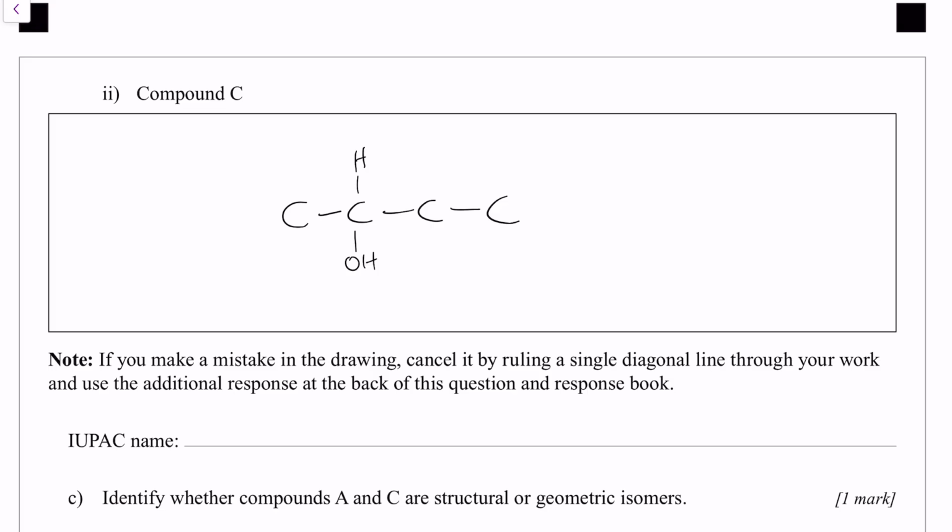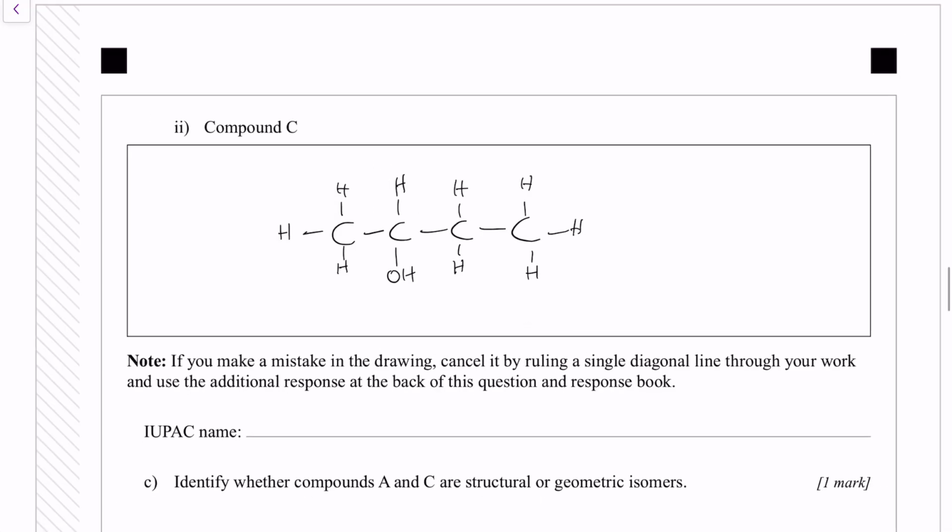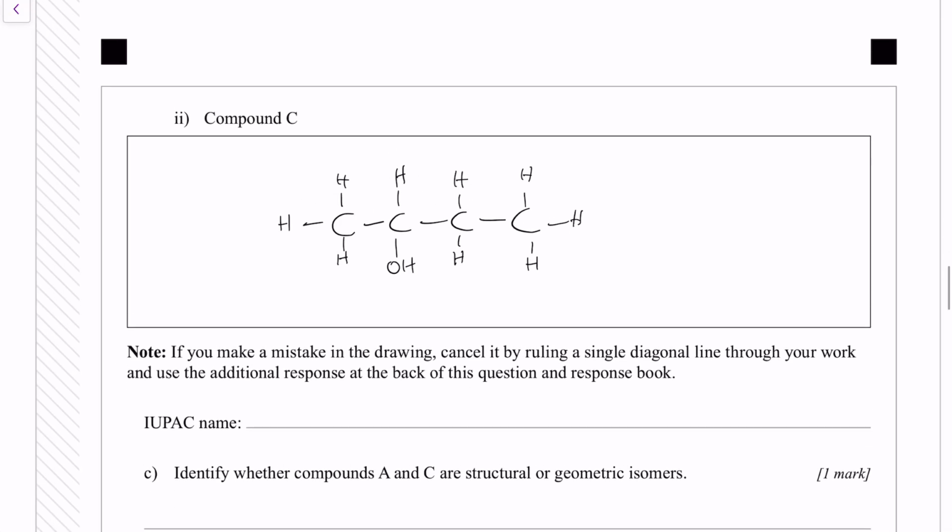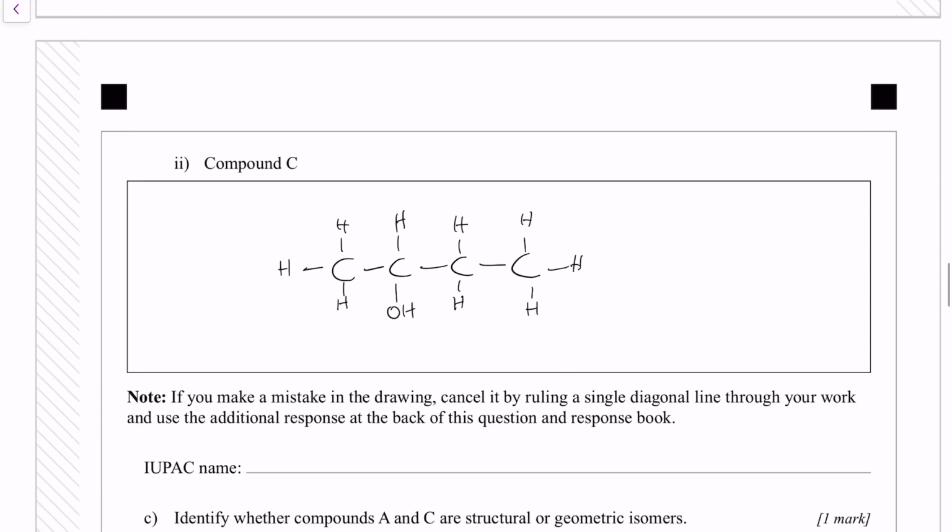I was removing the highlight and then putting in my extra hydrogens. And then I want to count and make sure that I've got this right. So 4 carbons, 1, 2, 3, 4, 5, 6, 7, 8, 9, 10 hydrogens, and then my oxygen is just 1 there, right? So that still fits the formula, which is C4H10O, okay? But it is an isomer.